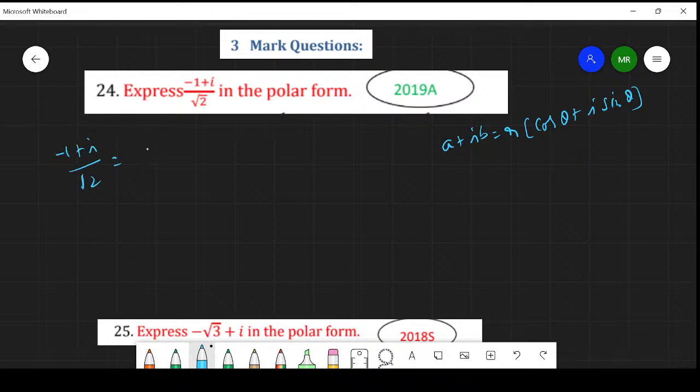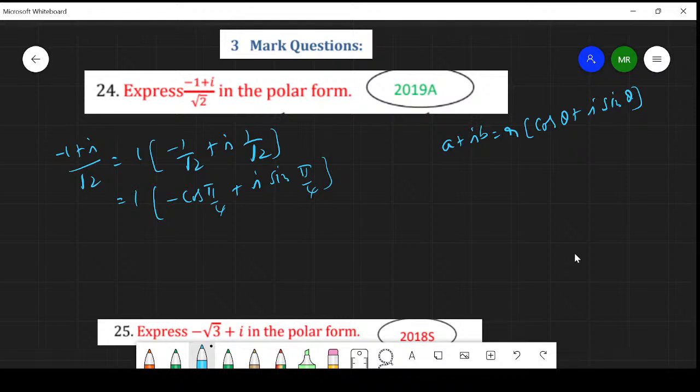This I can directly write as 1 into -1 by root 2 plus i into 1 by root 2. So 1 into minus cos pi by 4 plus i sin pi by 4. This is the simple way to write polar form.